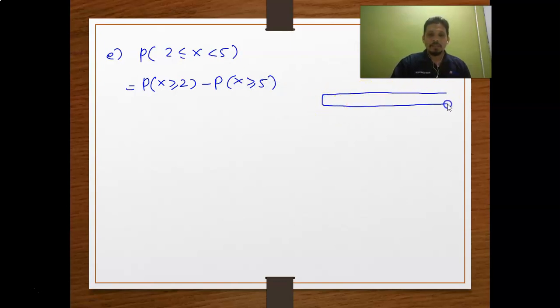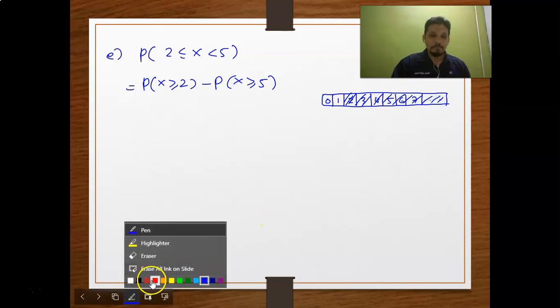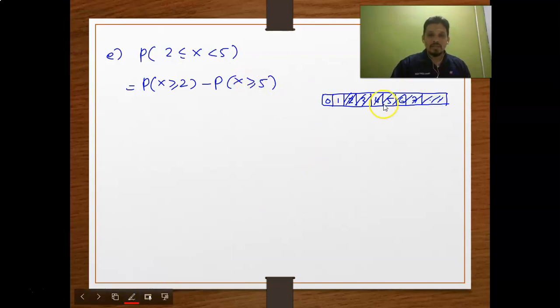Again, 0, 1, 2, 3, 4, 5, 6, 7, and so on. For x greater than or equal to 2, we start from 2, minus x greater than or equal to 5.